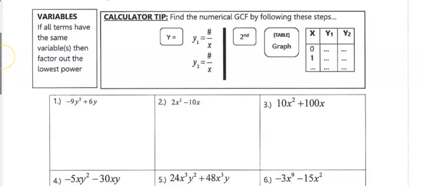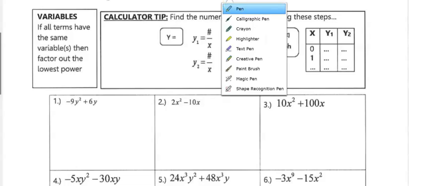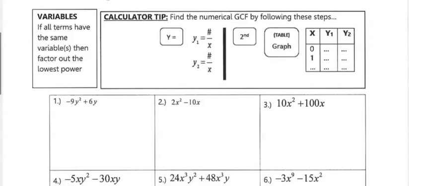Alright, so if we look here, we've got negative 9y squared plus 6y. If we look at the numbers, negative 9 and 6, what's the number that goes into both of them? To get 9, we can multiply 1 times 9, or 3 times 3.